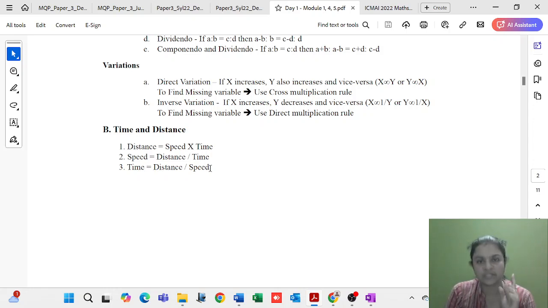All boils down to the same formula, which we are expressing in different ways. Now the question can be on calculation of speed given distance and time, or time given distance and speed, or distance given speed and time. Depending on what is required in the question, we will accordingly modify the formula to apply in the question.